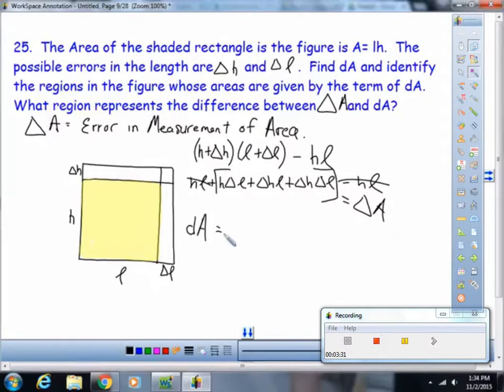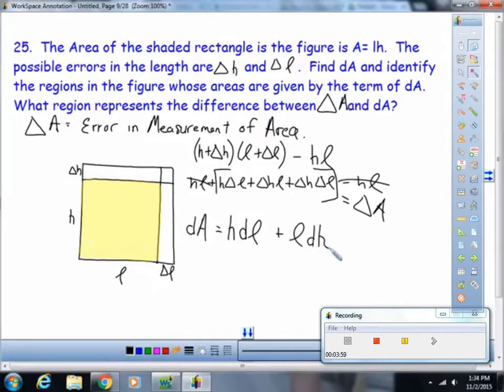Well, the derivative with respect to L is H. Do you understand that? The derivative of LH with respect to L is just H. And then you multiply it by dL. And you're going to add the derivative of LH with respect to H, and that's just going to be L. It's just a constant. So then it'll be L dH.